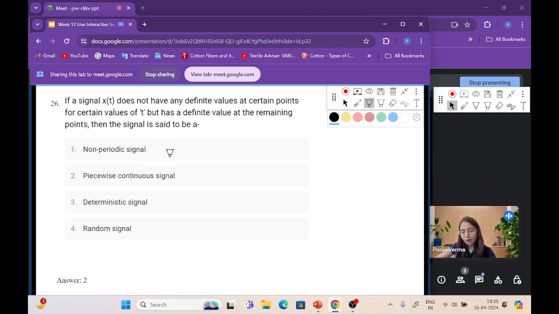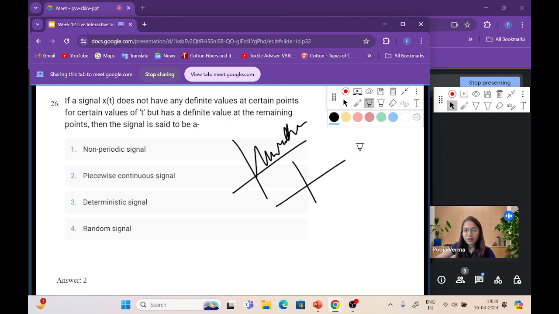A non-periodic signal is any signal that does not repeat itself. That means it can be any signal. It does not repeat itself. The periodic signal repeats itself at a certain time interval. Okay. So this option is not correct.